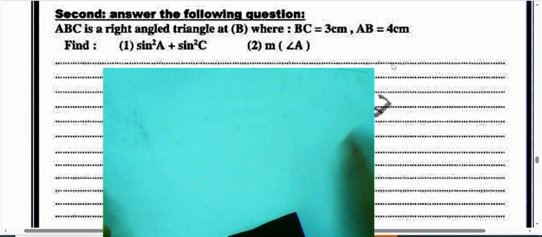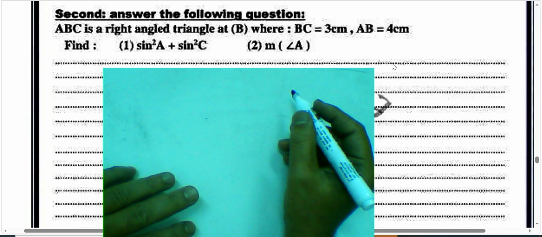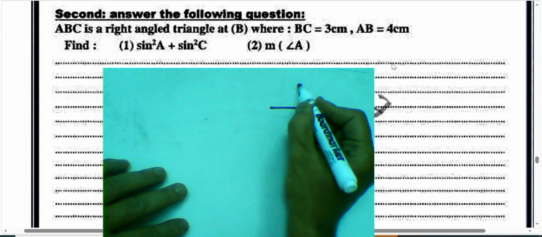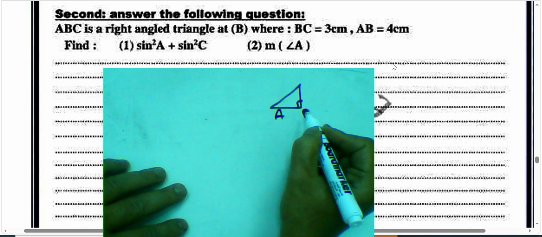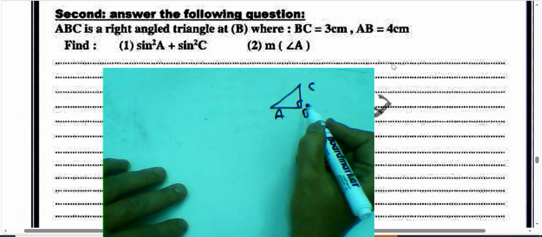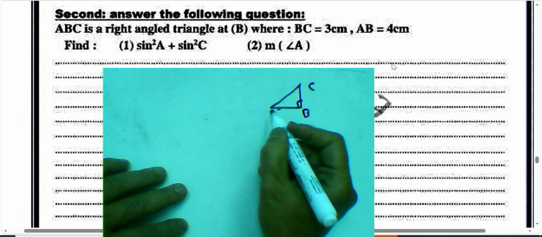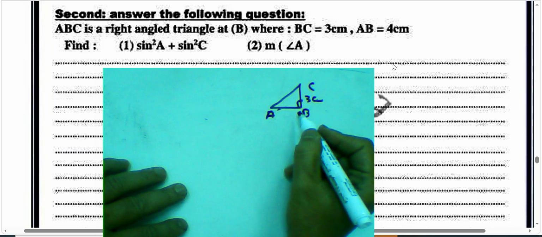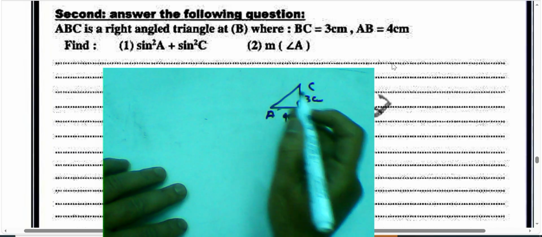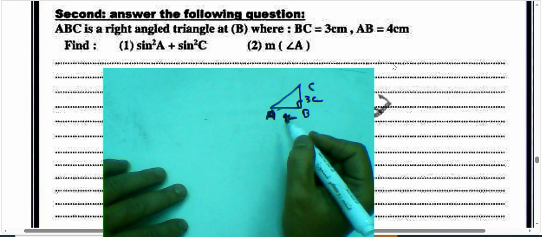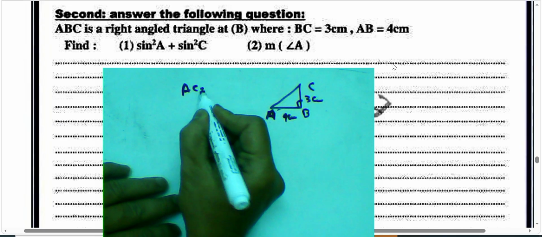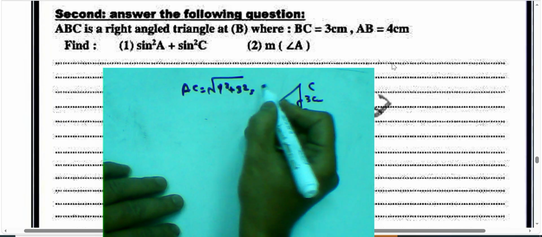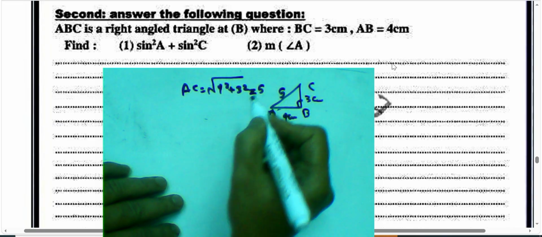Next question, we have a right triangle. ABC is a right angle triangle at point B. He gives me BC 3 centimeter and AB 4 centimeter, and we can find the length AC from the Pythagoras theorem. Right, 4 power 2 plus 3 power 2, it will be 5 centimeter.